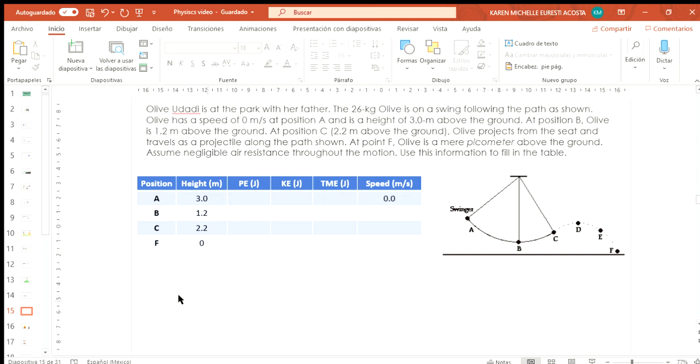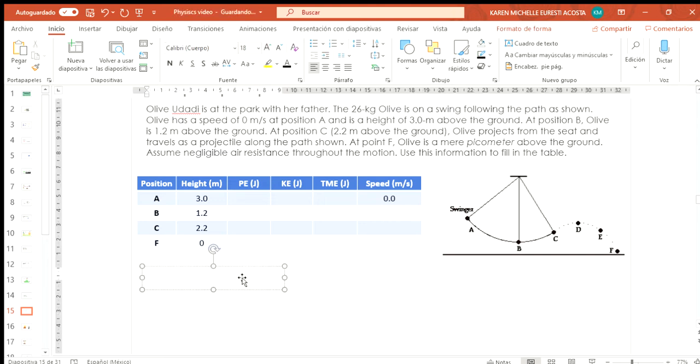So we have this table that we have to fill in. We have the values that they gave us, which are only the height and the speed at position A. First, we are going to use the formula for potential energy, because with these values it's the only one that we can get. Potential energy equals mass times gravity times height.